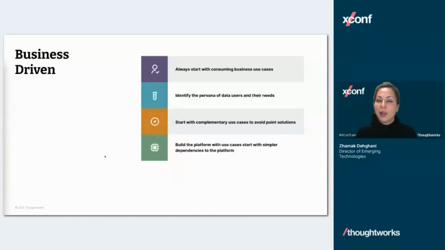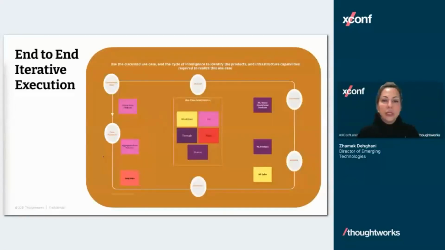One of the workshops that we run goes through this end-to-end iterative execution scenario play. At the center of it, you articulate your use case: what value you're delivering for what customer, through what mechanism, and when, so that you can achieve what outcome. Put that at the center, and then work backwards and say, okay, what sort of ML model or reports do I need to generate on the right?